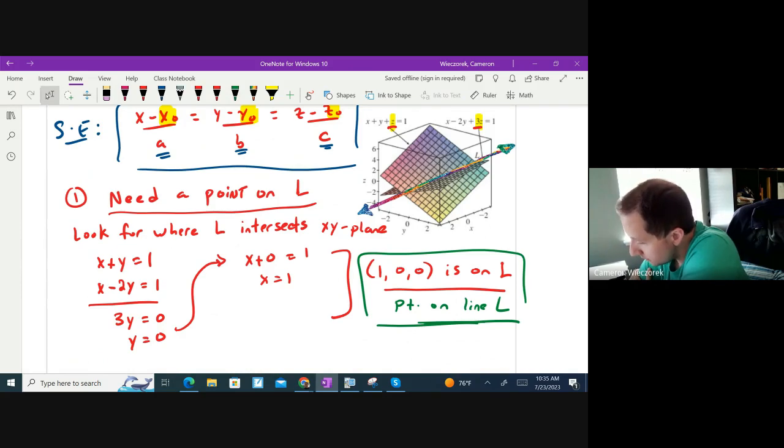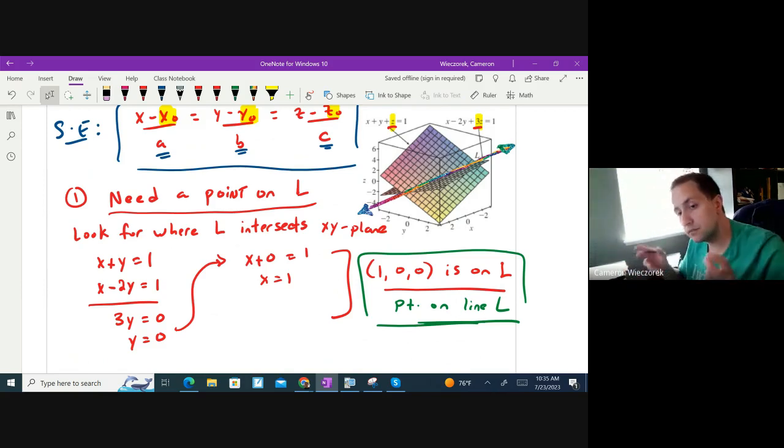So that would mean that it has to be orthogonal to the normal vector for the first plane, but that line also has to be orthogonal to the normal vector for the second plane, because the normal vector is going to be orthogonal to all of the vectors in each plane. Well, if I need to find a vector that's orthogonal to the first normal vector, but it also is going to have to be orthogonal to the second vector, since this line is on both planes, then I can take the cross product of the two normal vectors.